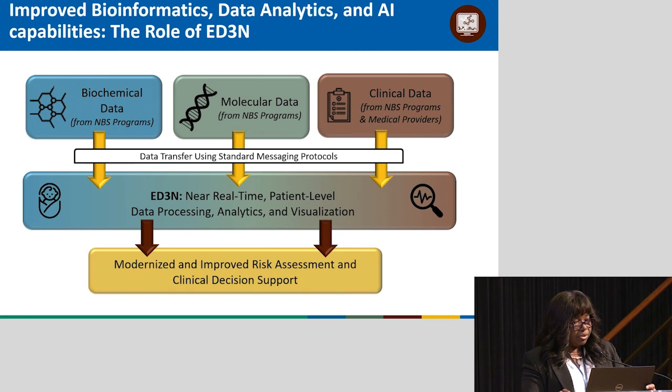So using standard data transfer mechanisms and messaging protocols, newborn screening programs would be able to send de-identified data to EDEN, which will then provide some near real-time patient-level data processing, analytics, and visualization. And we hope that this will ultimately allow for modernized and improved risk assessment, enhanced clinical decision support, and the ability to better contribute to new knowledge discovery in rare disease.